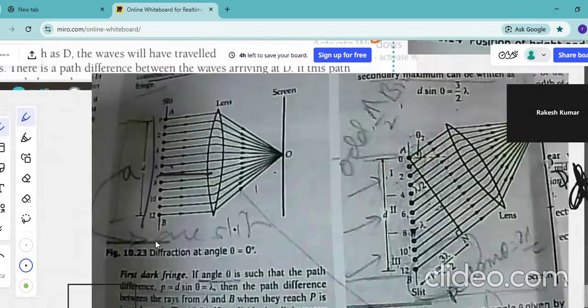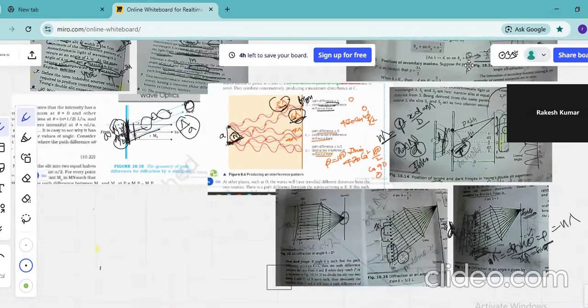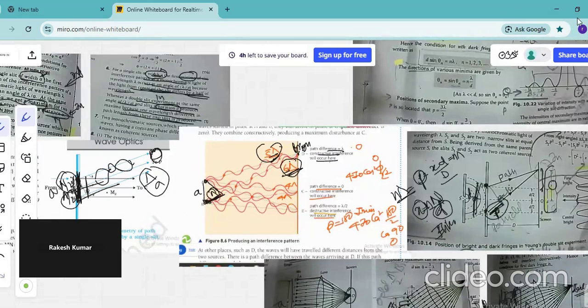When theta is 0, they all come in the same phase, so it's a maximum. Supposing it's 3 lambda by 2, this will destroy this, this will destroy this, with lambda by 2 difference. But these parts will be separate. So when there is 3 lambda by 2 here, these parts won't get destroyed, so it will be bright. But because some part has been destroyed, that's why the intensity goes on decreasing. See, the intensity goes on decreasing because some part is destroyed.